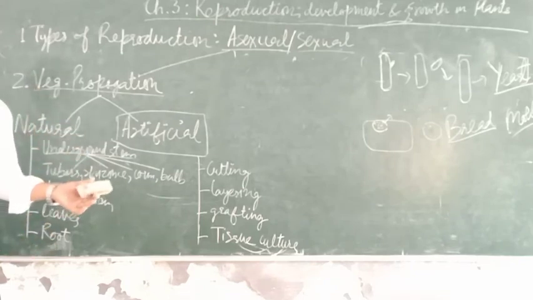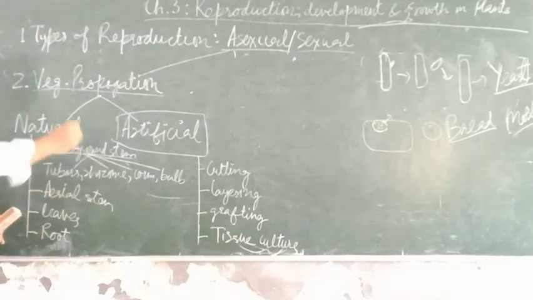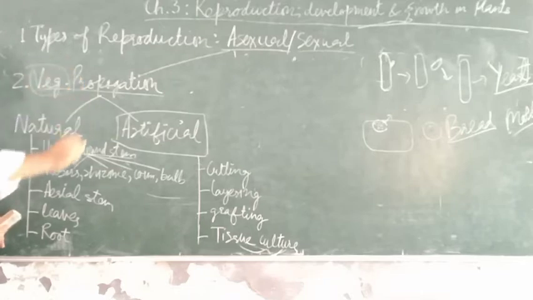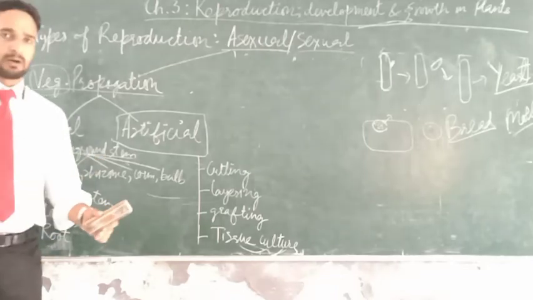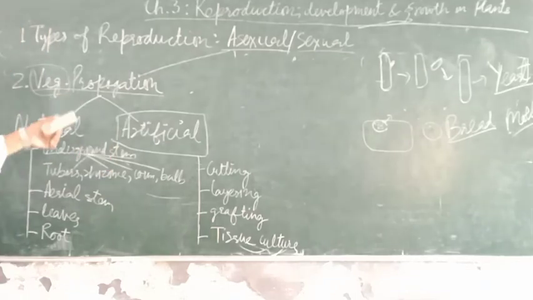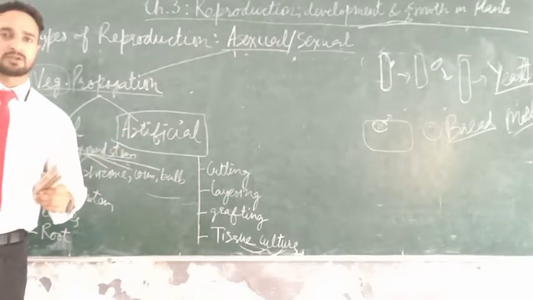As the name suggests, new plants can be developed from the vegetative parts of a plant, such as underground stem, leaves, or roots. Vegetative propagation is itself of two kinds: natural vegetative propagation and artificial vegetative propagation.